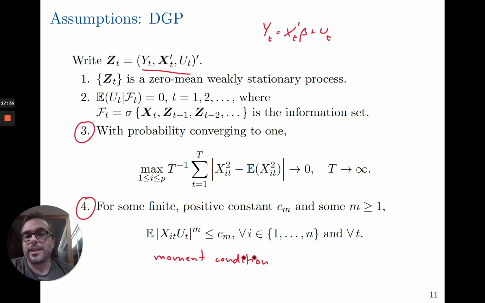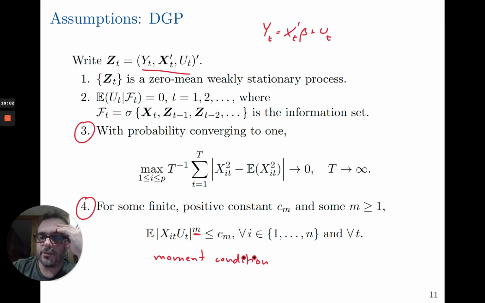This is because we are not assuming any distribution for the joint distribution of x and u. So we have to assume that some moments exist. And why is this important? You may think, good Lord, I want to run this in practice, and this crazy guy is just showing me moment conditions.